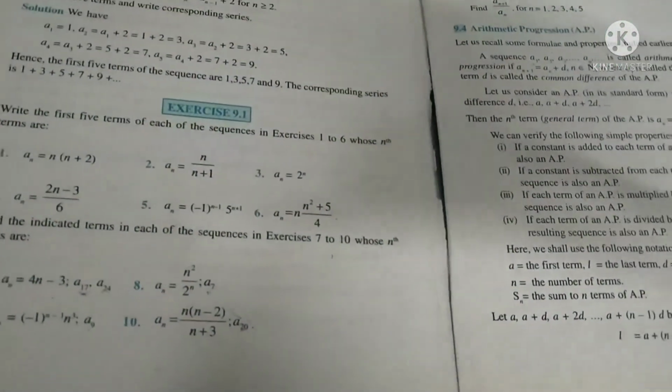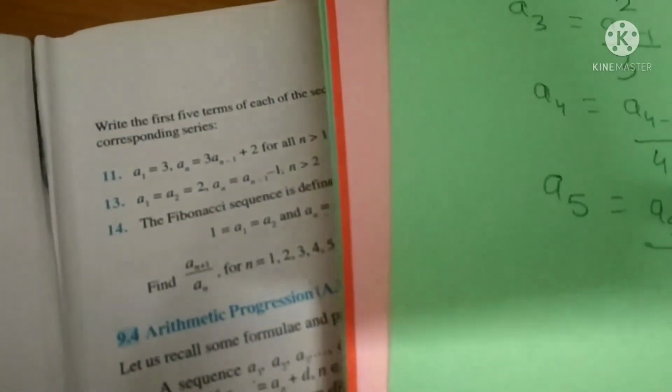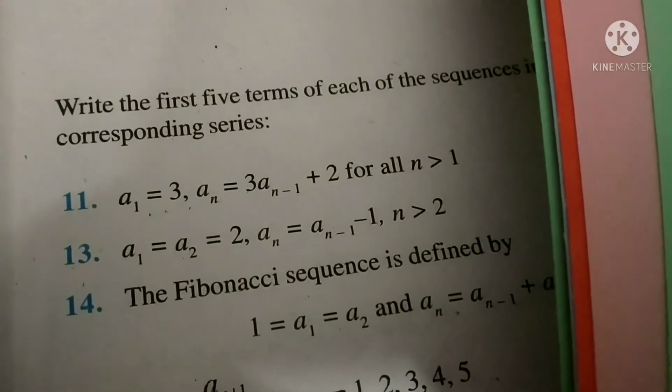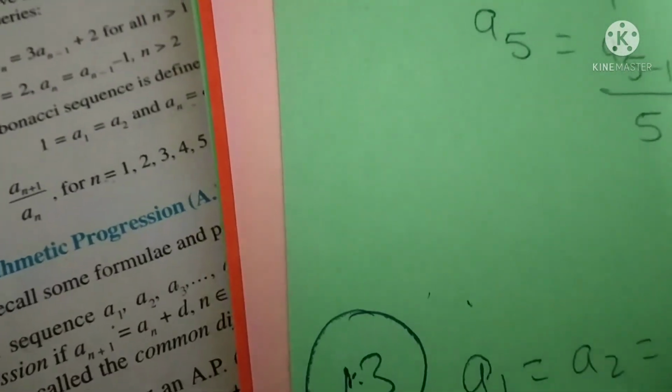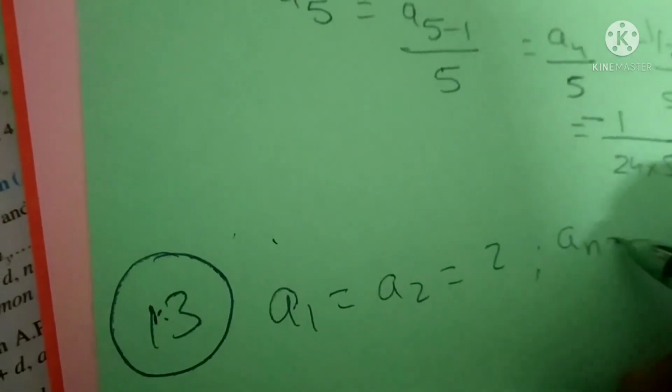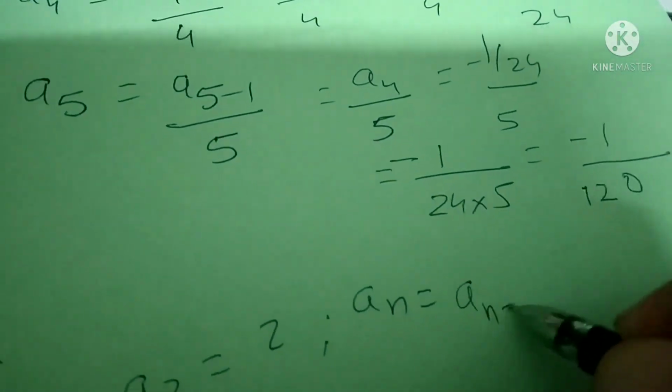And now we move on to the 13th question of it. The 13th is of this exercise. So the 13th is: a1 is equal to a2 is equal to 2, and a_n is given as a_(n minus 1) minus 1.